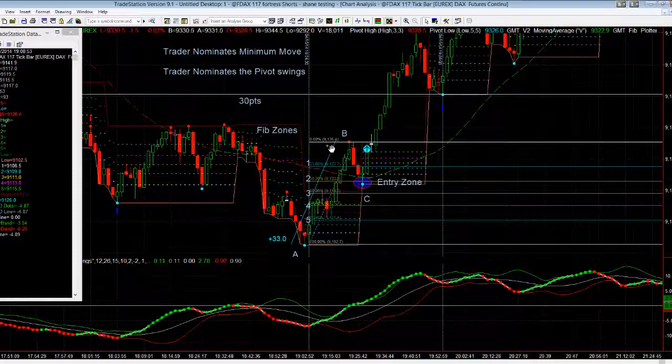Now, the other thing that we're doing is we're looking for our entry confirmation. So once we've traded into the zone, we're partially ready to take the trade, so we've got our setup. All we need to do now is get our confirmation. So our buy confirmation setup comes. There's two ways we can get into this trade. So the first one is very, very easy and very simple.